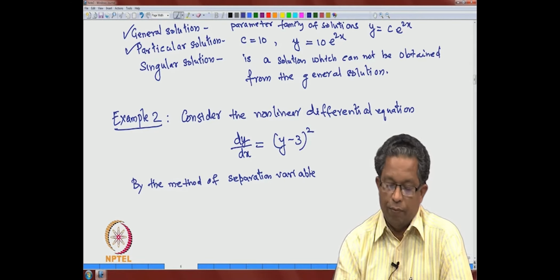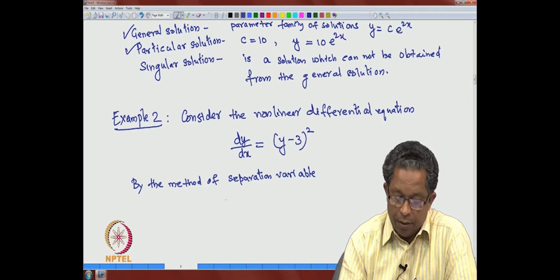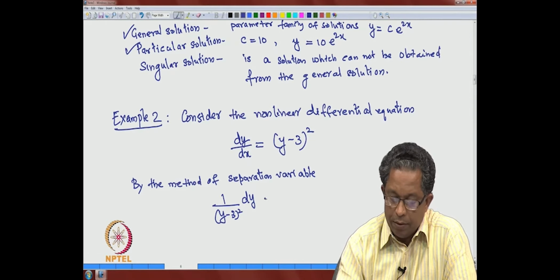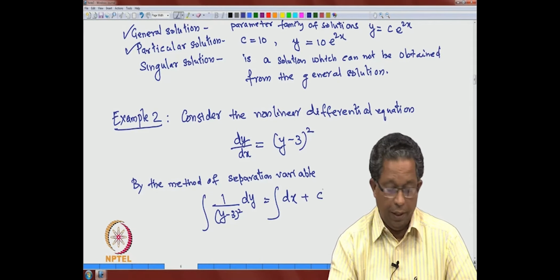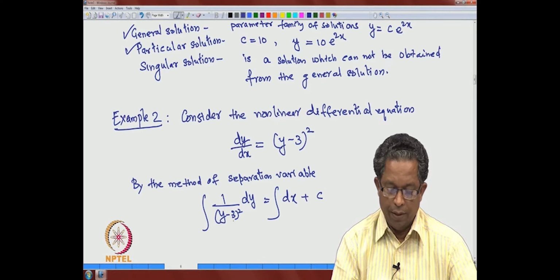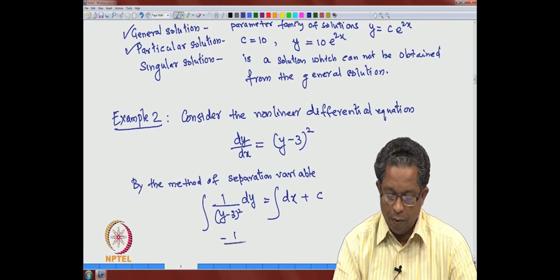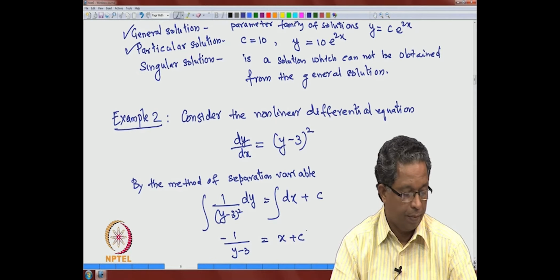By the method of separation of variables, separating out the variables and integrating, you get dy over y minus 3 square is equal to dx, and integrating, adding a constant c. So, integral of 1 by y minus 3 the whole square is minus 1 by y minus 3, which is equal to x plus c.